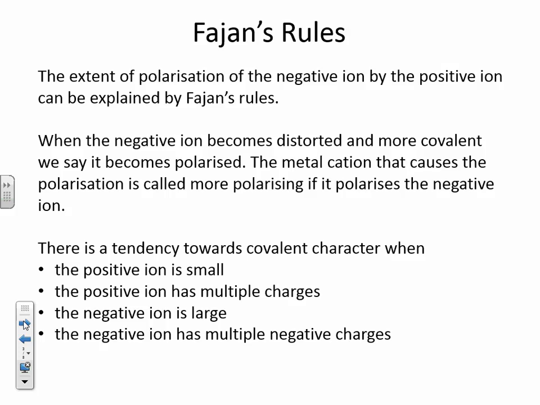The extent to which that happens is going to cause it to have more covalent character. We have these four rules here. You'll get more covalent character if you've got a small positive ion with multiple charges, which should be ringing a bell from what we were saying earlier about lattice enthalpy. Also, if the negative ion's large and has multiple negative charges. I don't particularly want to apply those directly, but we might come back to them. It's just a matter of pulling electrons about.